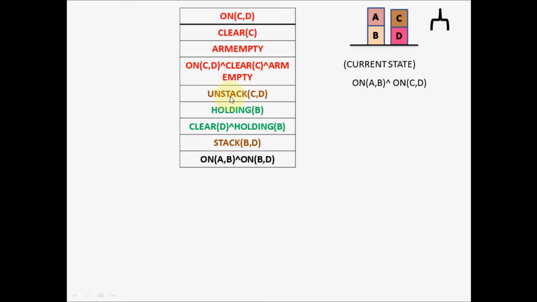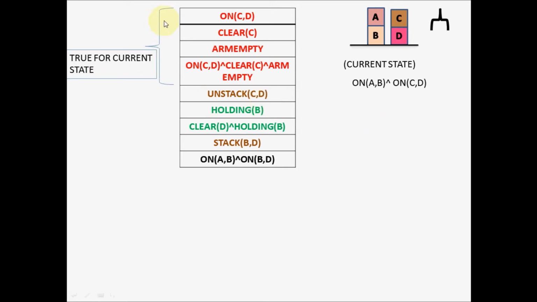One, this unstack C comma D action will be executed so that the current state will change to a new state. Executing this topmost action means two things will happen. One, the unstack C comma D action will be taken so that the current state will change to some new state, and second, unstack C comma D will be added as the first step in the plan.